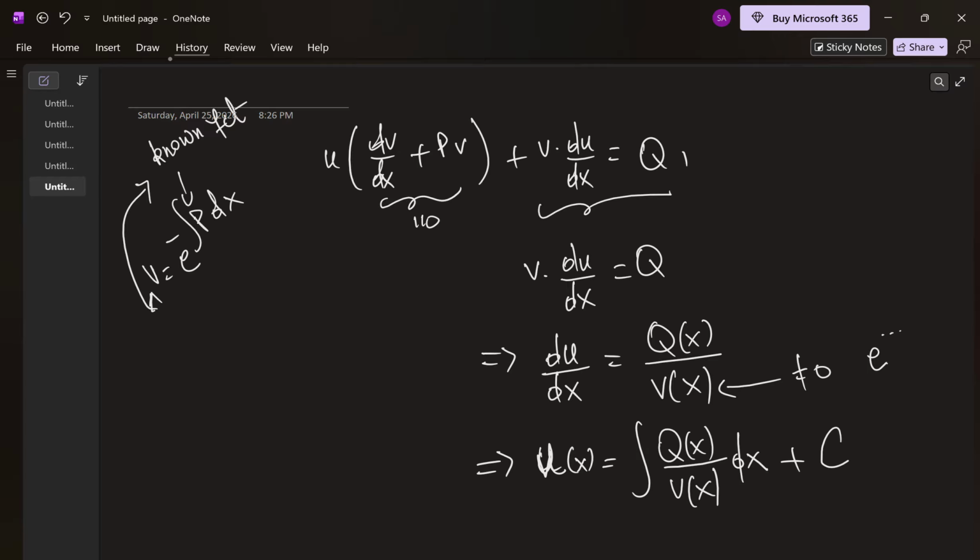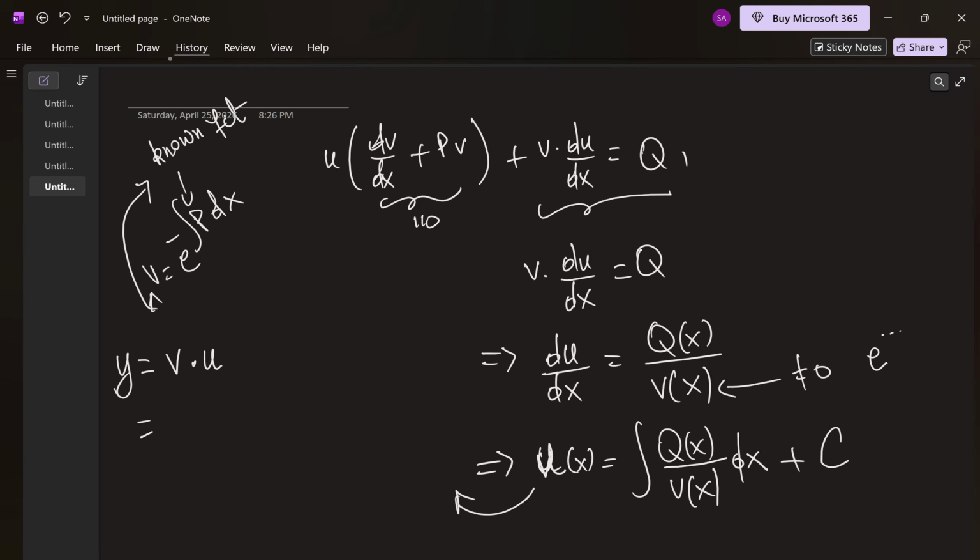When we substitute this formula, now you substitute this into our function. Remember that y is equal to the function v times the function u.